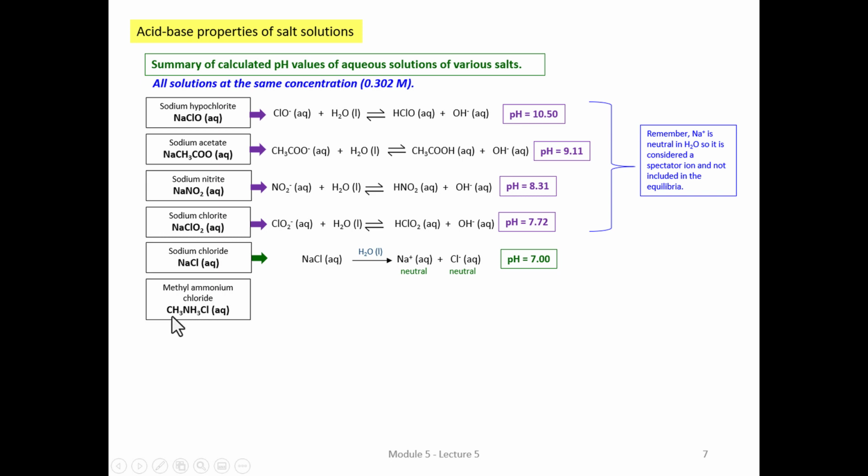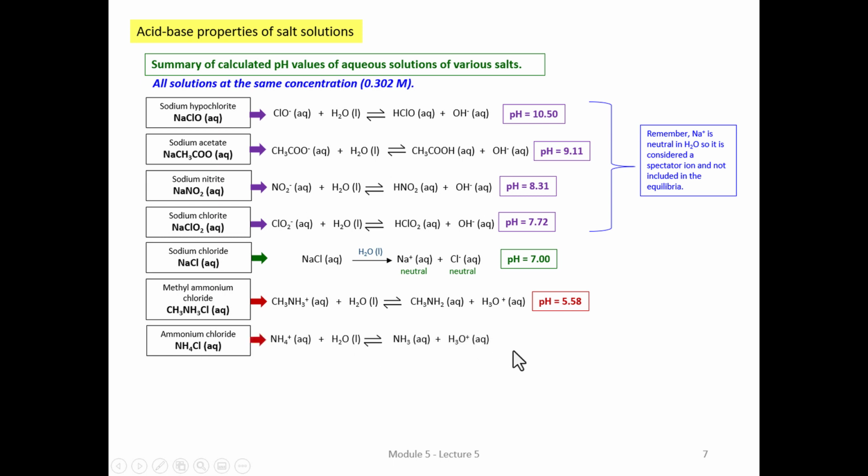Now we're going to start dissolving some chloride salts. The cation here is the conjugate acid of a weak base, so it undergoes hydrolysis in water to form an acidic solution. And these are the ones we just covered on the previous slide. So we can see that as the conjugate acids become stronger, the pH is dropping.